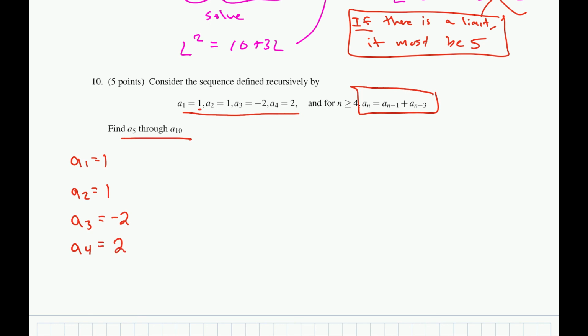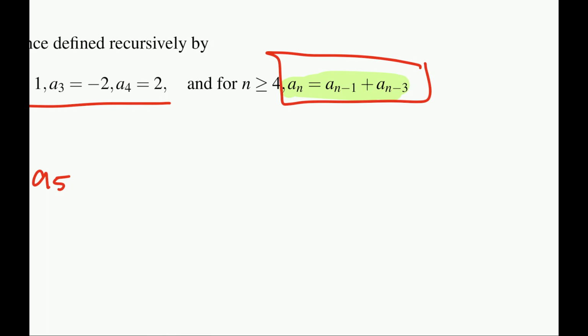And then at this point, we have to start using this formula here. To calculate A5, be careful looking at the indices, right? When this is an n, this is n minus 1, that would be like an A4.